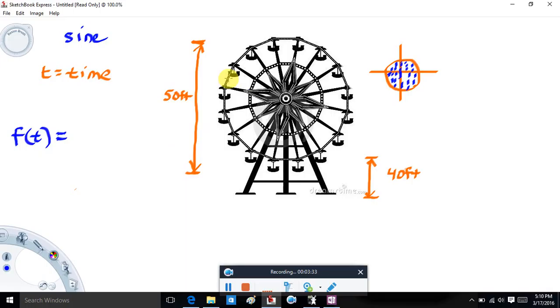If we were to find the height at the initial position, the initial position is right here in red. Okay, so initially at time 0, the person is 40 feet in the air, so we could make a table.